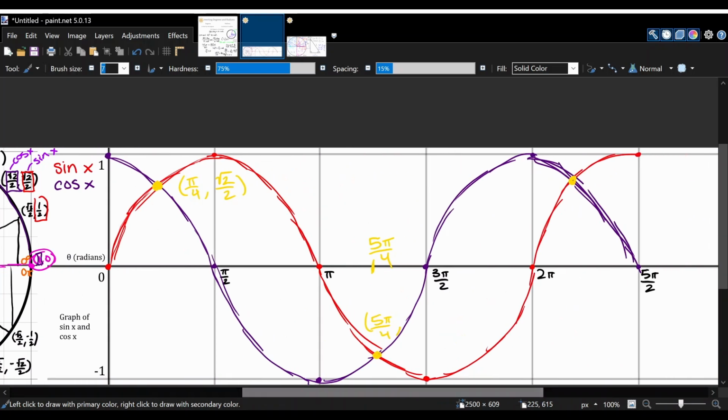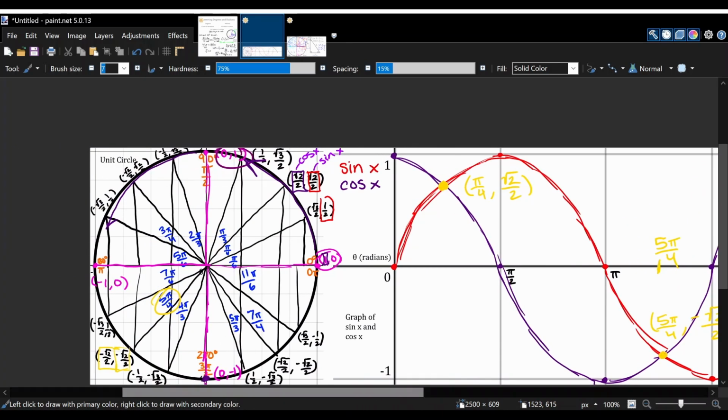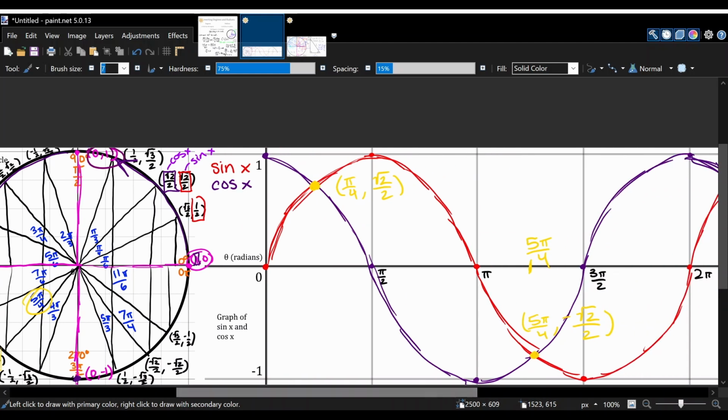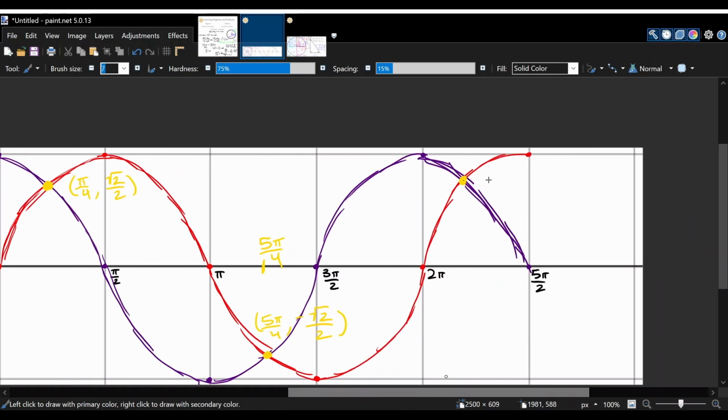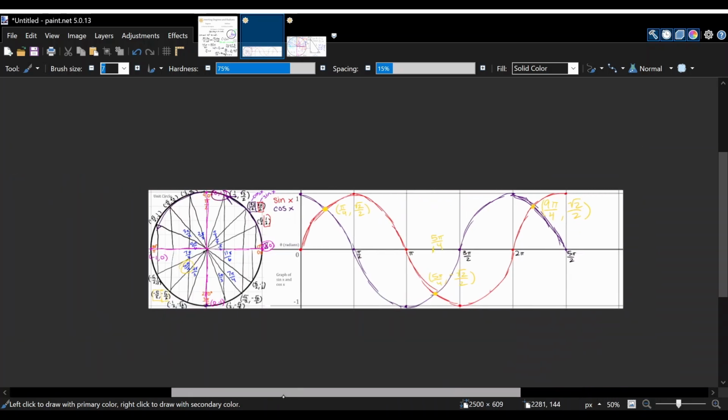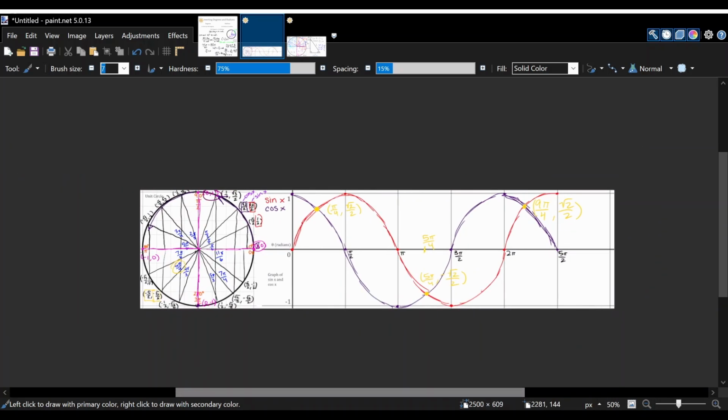And this makes sense because the two coordinates are the same, and that means that sine of theta is equal to cosine of theta, which is what we need for that. And then when we come back up here at 9 pi over 4, we're going to have square root of 2 over 2 again. So this is our graph of sine of theta and cosine of theta.